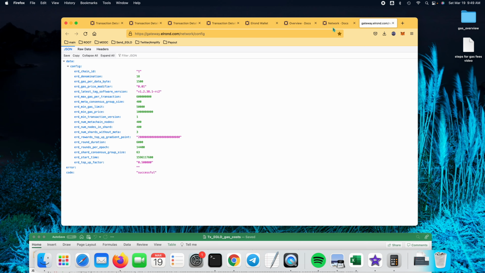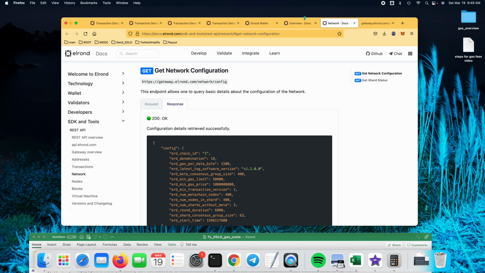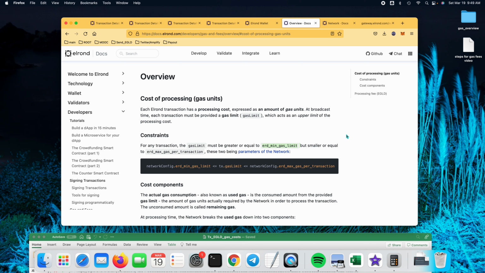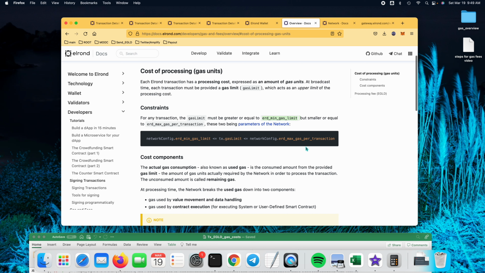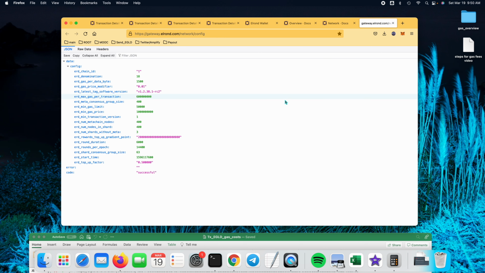And let's come back to our docs where we are following this guide. And so we wanted to look at the minimum gas limit, which is defined by the network, and the max gas per transaction, which is defined by the network. Max gas per transaction.